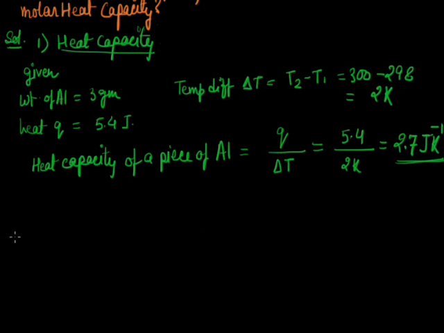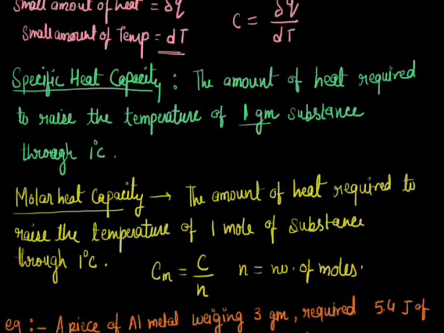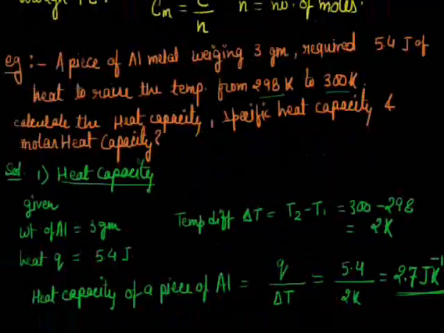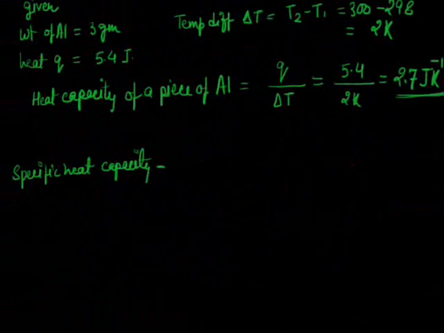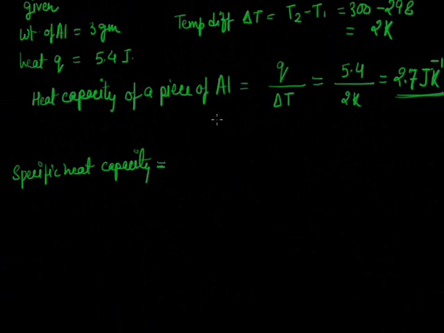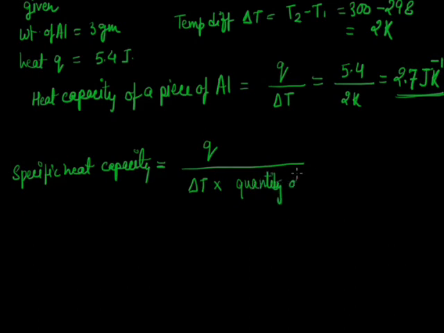Second, we will calculate the specific heat capacity. As defined above, the specific heat capacity is the amount of heat required to raise the temperature of 1 gram of substance through 1 degree. Here the weight of the substance is also included. So what will be the formula? Q divided by delta T, the temperature difference, into the quantity of substance in grams.